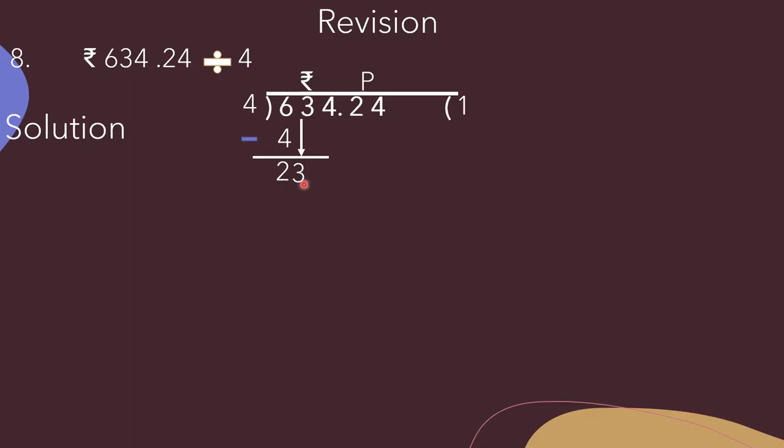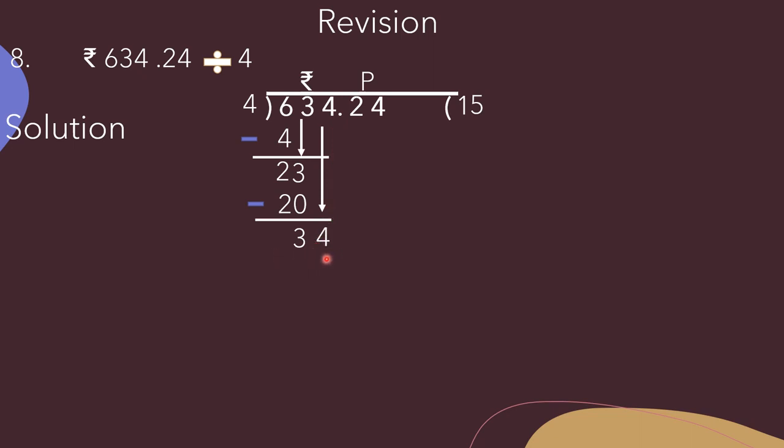Now we have to divide 23 by 4. So we will get 5 as quotient. Okay, here we will write 5 and 20 we will write below 23. Now we have to subtract. So 3 minus 0, that is equal to 3, and 2 minus 2, that is equal to 0. Now we have to bring down this 4. So here we will write 4. Now the number is 34.